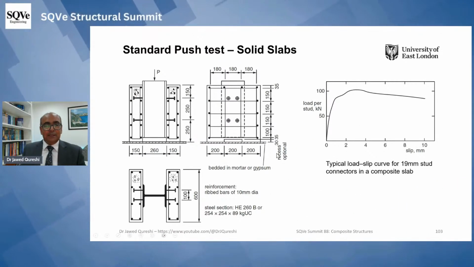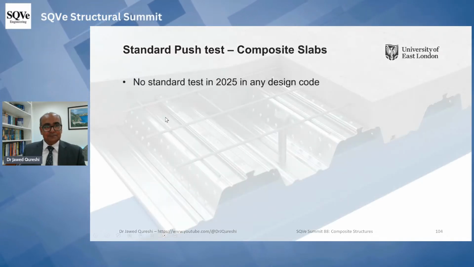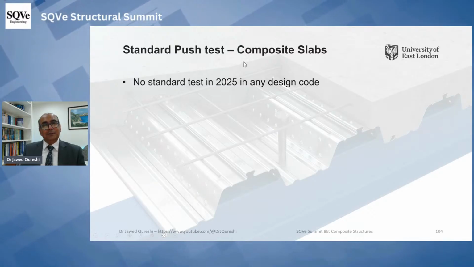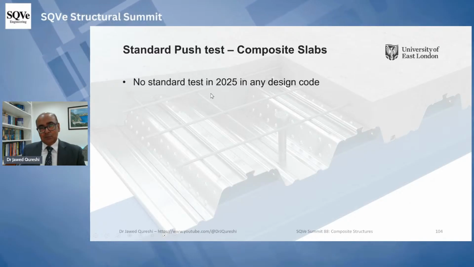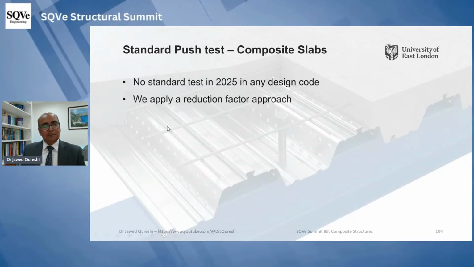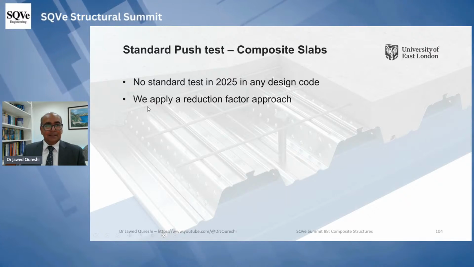And to account for that, we did lots of testing. I did testing in horizontal direction as well. So this is testing in vertical direction. For composite slabs with profile sheeting, there's no standard test in any design code. They've been trying to build some, but they couldn't get it.